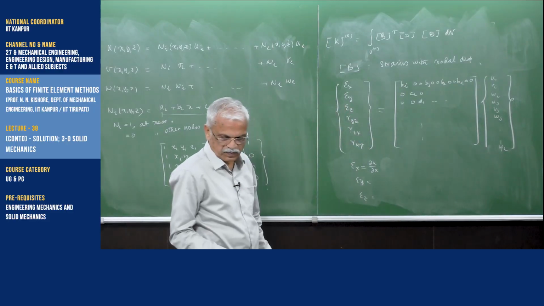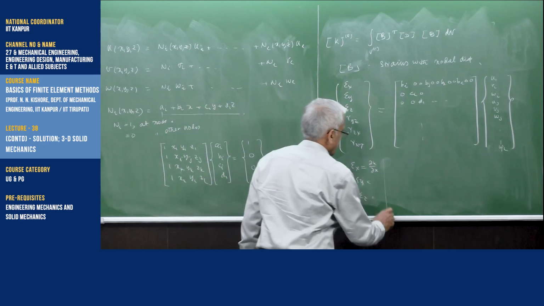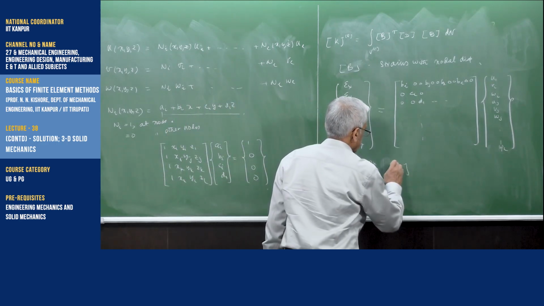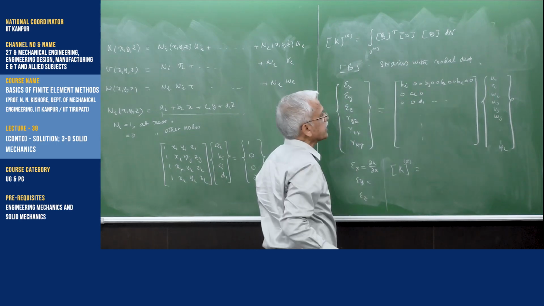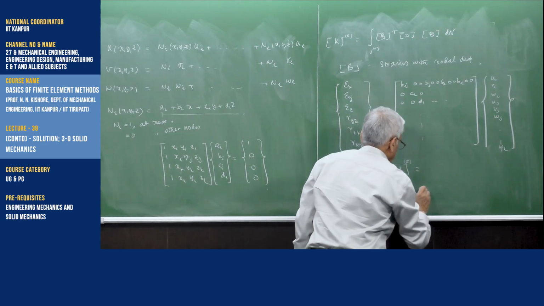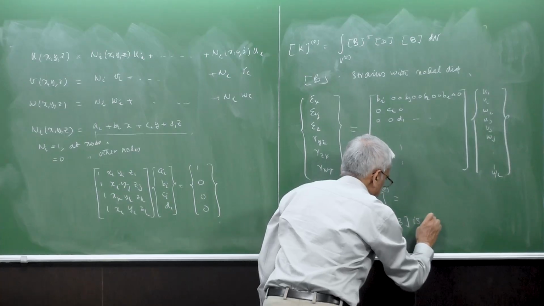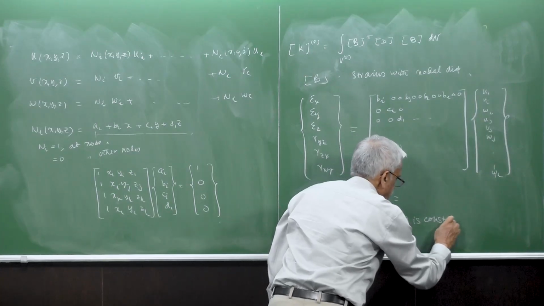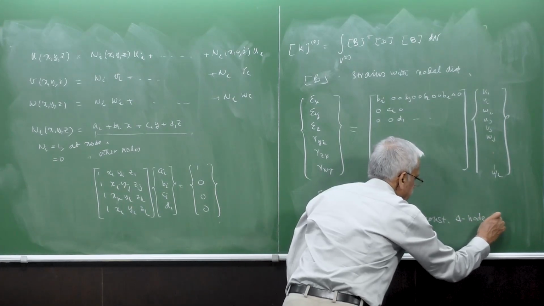Okay, so once you have this, it is nothing but K of the element. Here when you do this integration, you can realize that B is constant for a 4-noded tetrahedron.